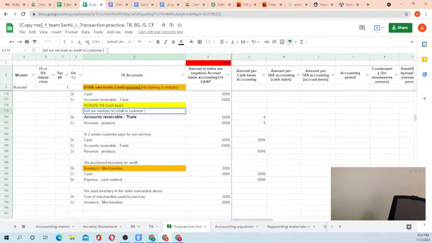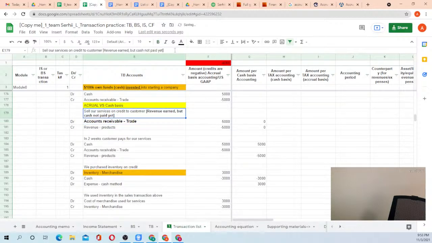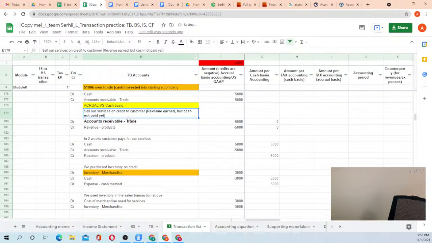This is revenue earned but cash not paid yet. So that's what the definitions mean about the accrual basis of accounting.